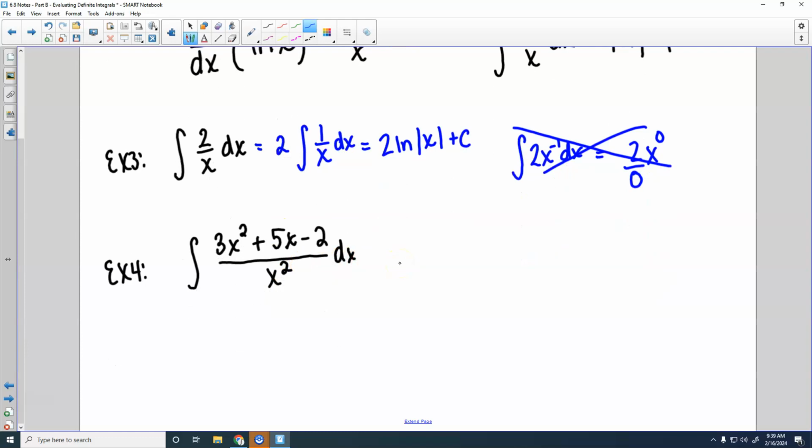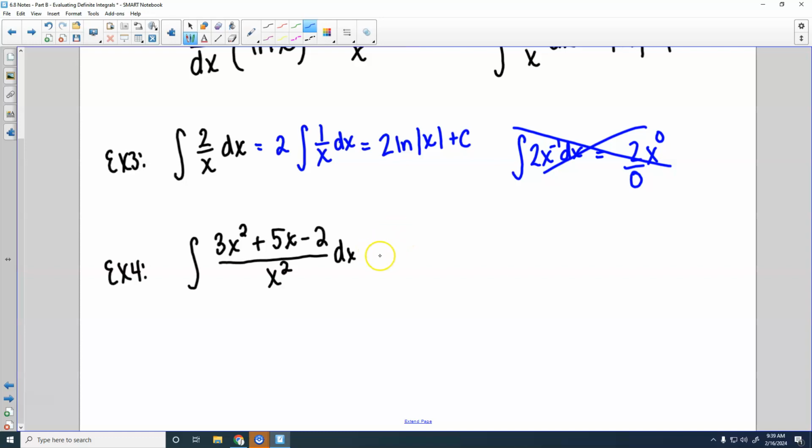So let's look at this next example. This example looks complicated. It looks almost like it should be a quotient rule sort of thing, but we don't know a quotient rule for this. What can I do so that I don't have to do some sort of quotient rule thing? No, because this is not a limit as x approaches infinity. It can't come out of the integral.